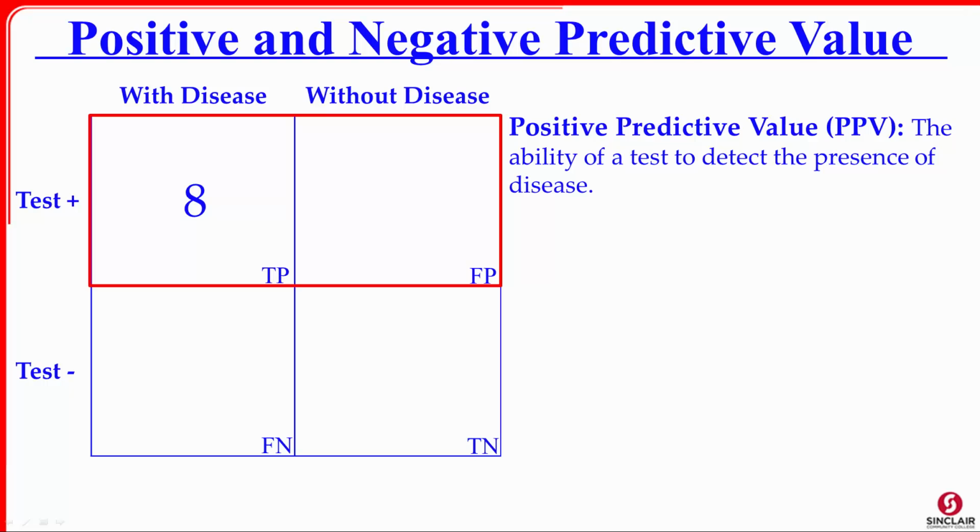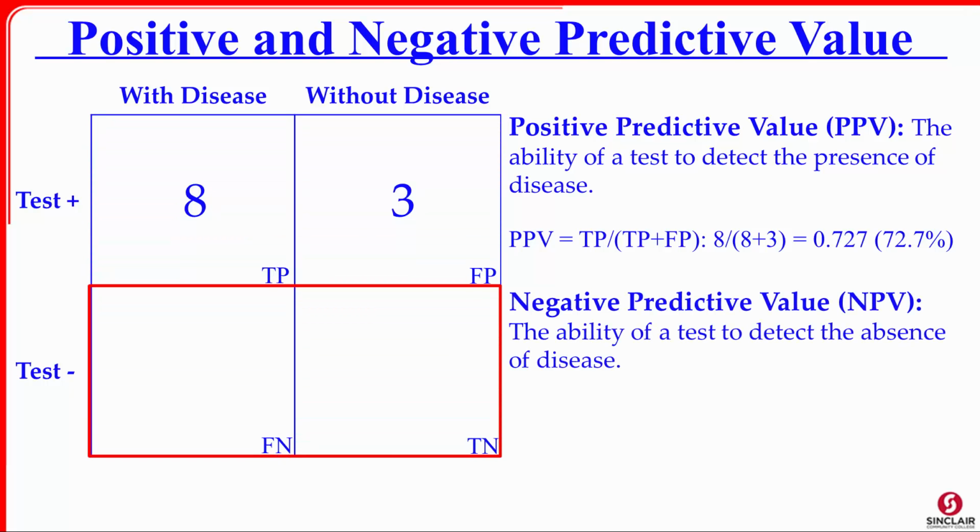So in our example, 8 people tested positive for rotator cuff tear, and they had the disease, true positives. 3 people tested positive for having the disease, but they didn't have it, so those were false positives. Our formula is to divide the true positives by the true positives plus the false positives. And in this case, the positive predictive value is 72.7%. And again, it's the probability that the patient has the disease when the test is positive.